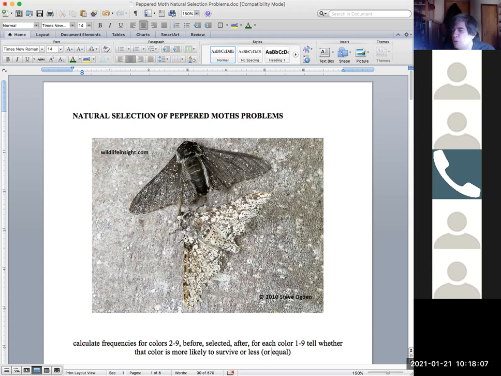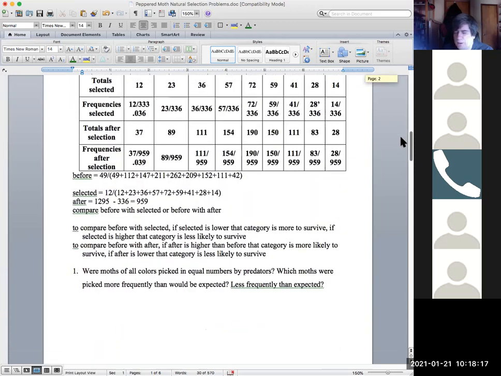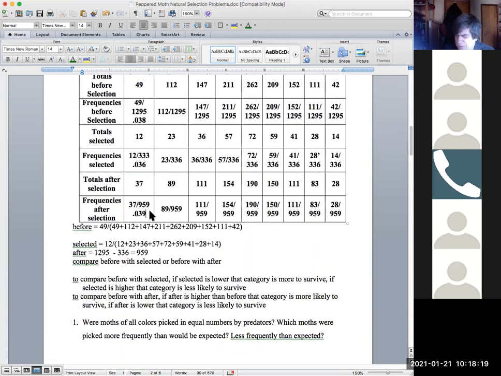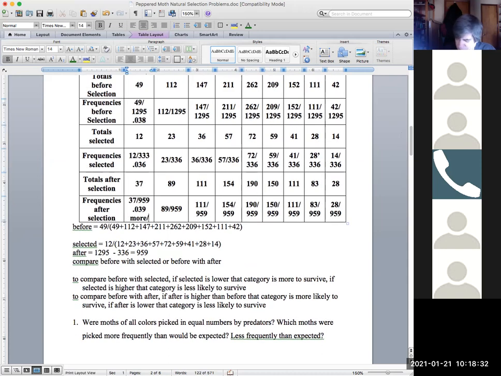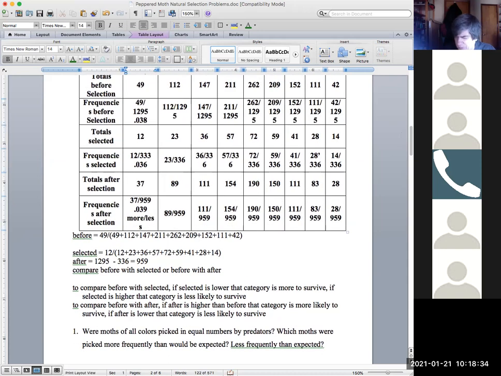Now, there are a couple of questions that go along with number 1, but for now, I just want you to fill in the rest of the chart. And down at the bottom where it says the frequency after selection, tell me in that cell whether they're more likely to survive or less likely to survive.